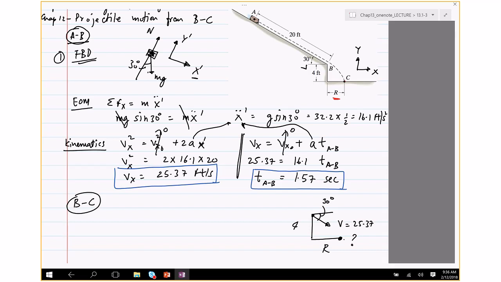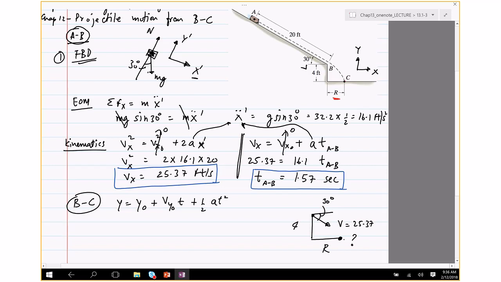I also need to find the time. Given the fact that the vertical distance is 4, I can use the corresponding formula which we did previously in projectile motion. If you're given y, y equals y0 plus vy0 t plus half a t squared.